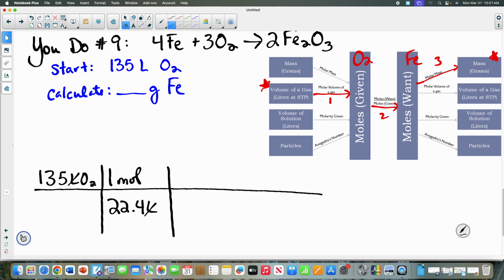Okay, next step is my mole ratio. And I want the substance that I'm trying to calculate on the top and what I'm starting with on the bottom. Right, so 4/3.